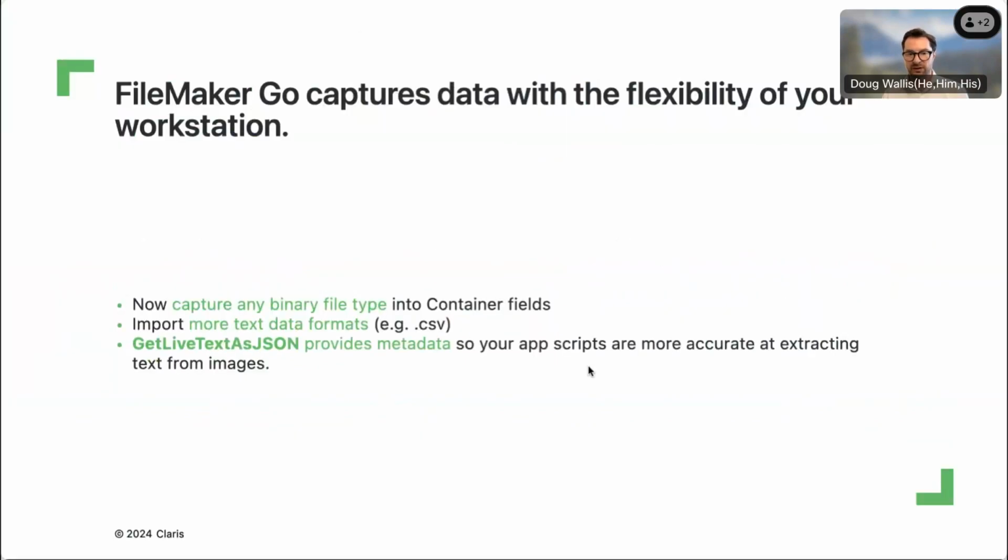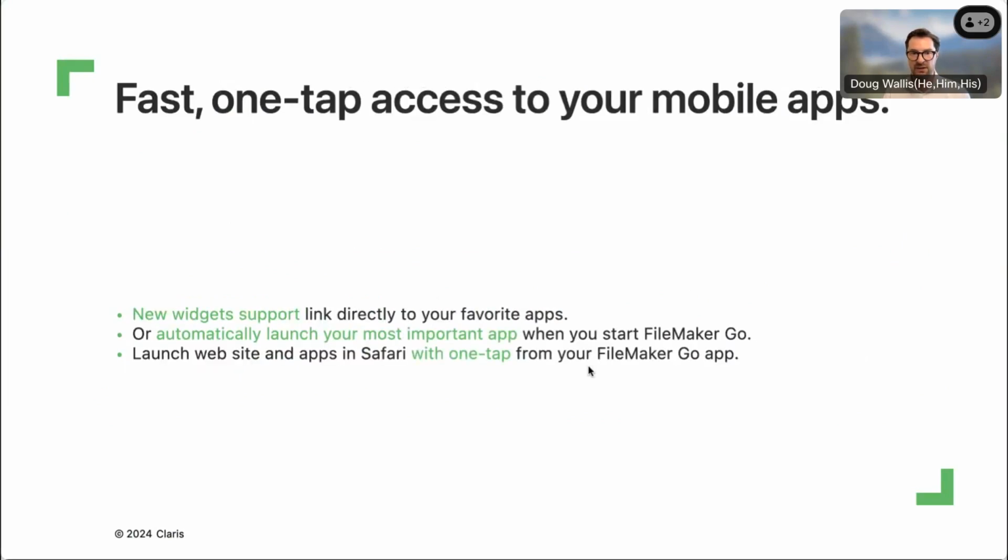Importing any type of binary data into container fields was missing, and importing through script steps with more types of data sources was a big request. The two things we haven't got yet for import are XML and Excel. This is due to file format and how sandboxing works, and we're trying to see how we can fix that.